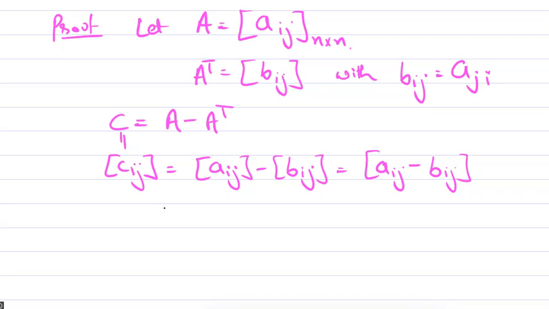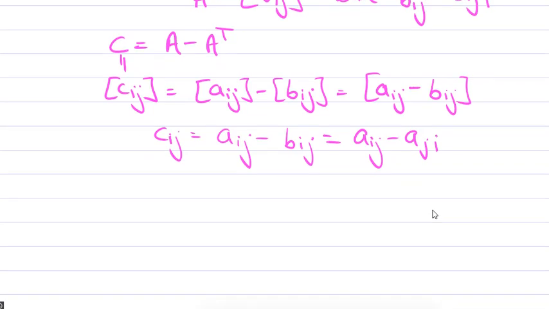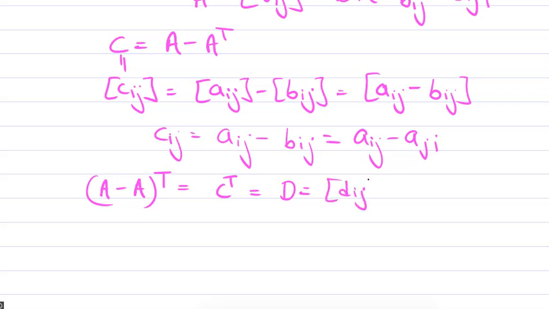So Cij is nothing but Aij minus Bij, but Bij is Aji, so Aij minus Aji. But what about the transpose of A minus A transpose? That is nothing but C transpose, correct? Let's say C transpose is the matrix T being Dij. Then what is the relation between Dij and Cij? Dij is nothing but Cji, correct?